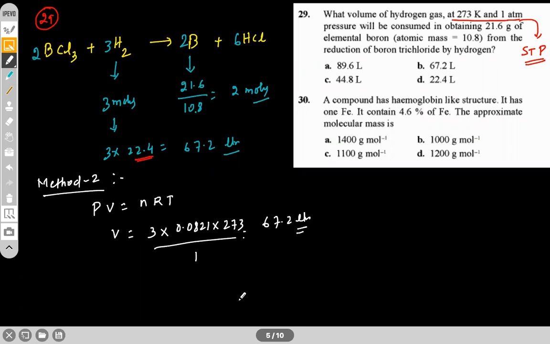Okay. So you can directly consider STP, which is given in the question, and solve this easily. If the pressure and temperature are not according to the STP condition, then we have to use this particular way, PV equals nRT.